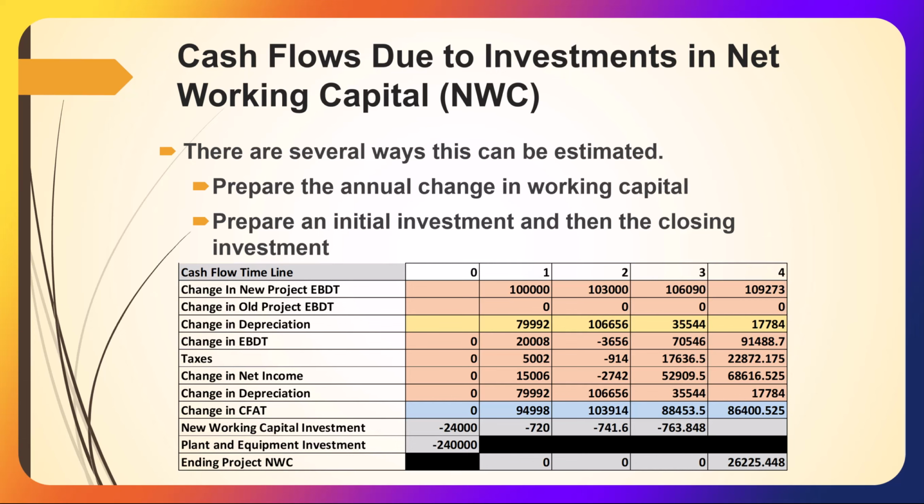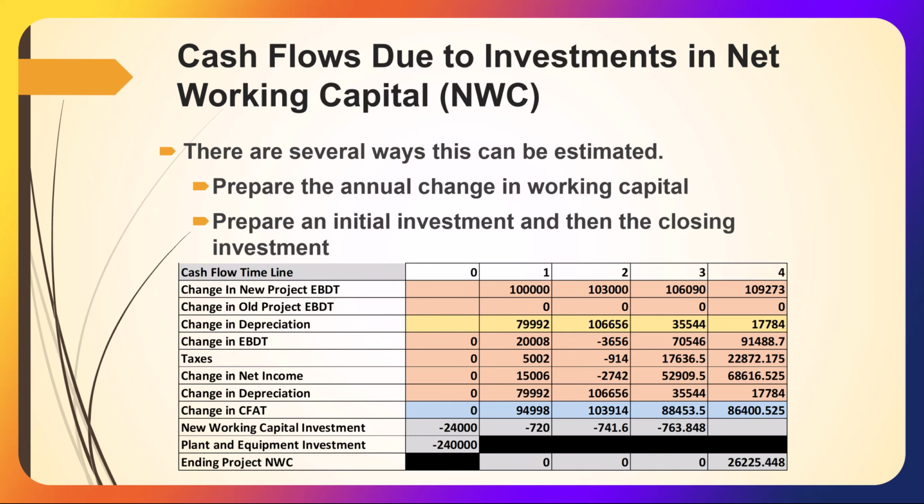However, a more realistic view is that every year we're going to have to invest some money in our net working capital. So that's what's reflected here, because our formula is a percentage of what we think sales will be next year.